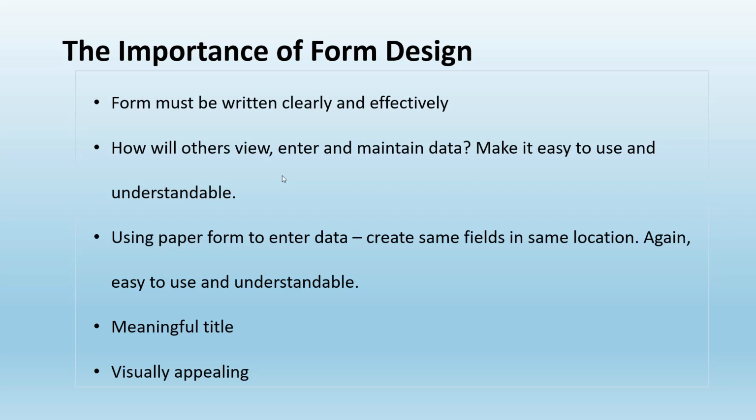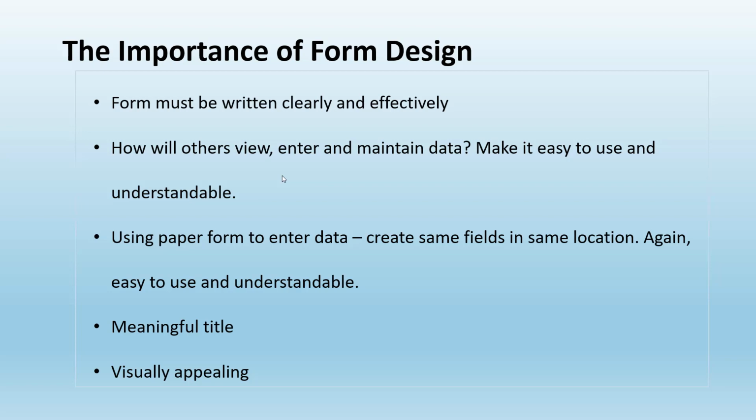If you're using a paper form to enter your data, you want to create the same fields in the same locations. So if you have 10 fields that person has to enter for, say, 2,000 surveys or 2,000 forms that people have filled out, and the fields are opposite of what are on that paper, it's not going to make a whole lot of sense to enter it that way.